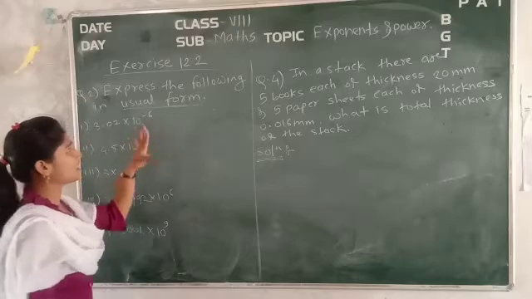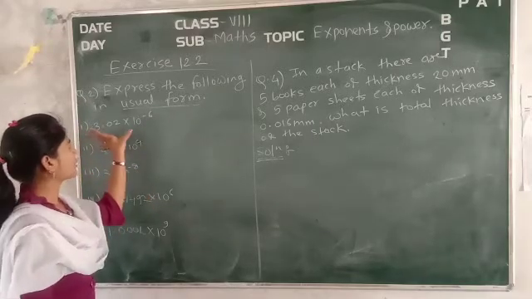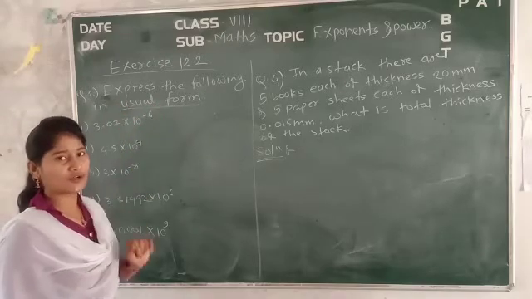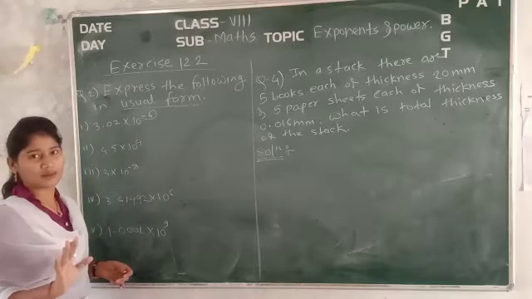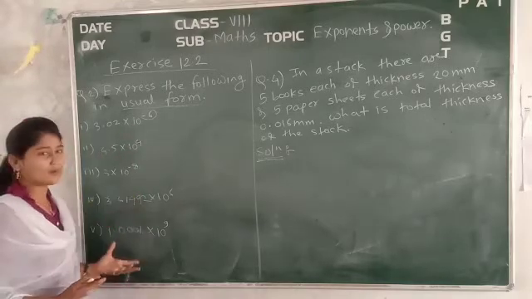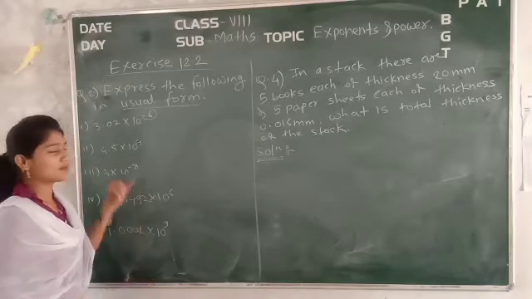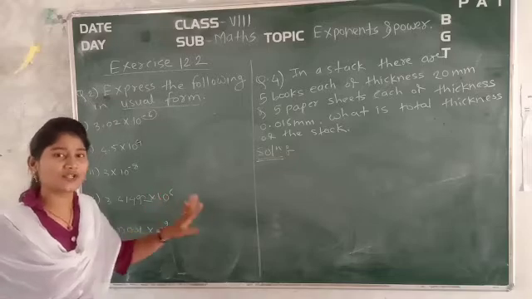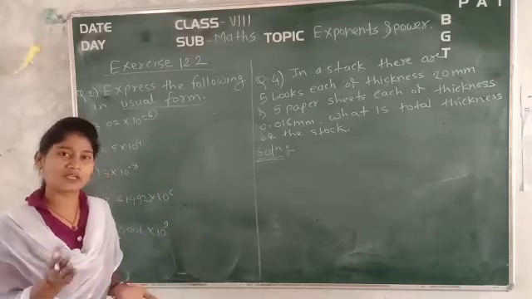Now similarly, while writing any exponential number in the usual form, you have to remember to look at the exponent of the particular number. These numbers are all in standard form, so we have to convert these standard forms into the usual form that we use daily, like a large number or maybe a small number.